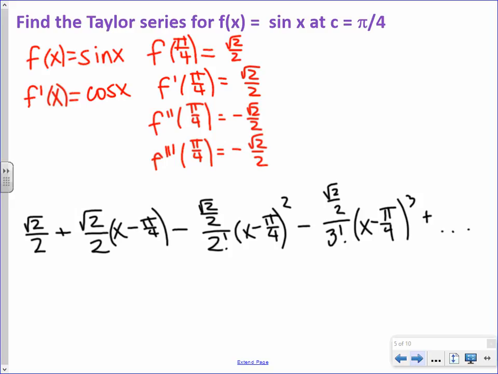How in the heck are we going to get that positive, positive, negative, negative, positive, positive, negative, negative pattern in our series? Obviously, negative 1 to the n power isn't going to work.